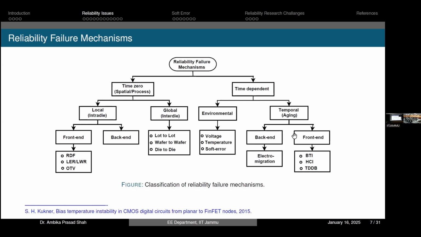Soft error is also a kind of time dependent, because the impact of a high energy particle depends on where you have put your circuits. It's not like it only happens at time zero; it can happen at any point of time. Similarly, time zero covers the local and global variations, which we can call intra-die and inter-die process variations. And all these, RDF, LER, I will discuss with you: what these reliability concerns are and what the main sources of these problems are.